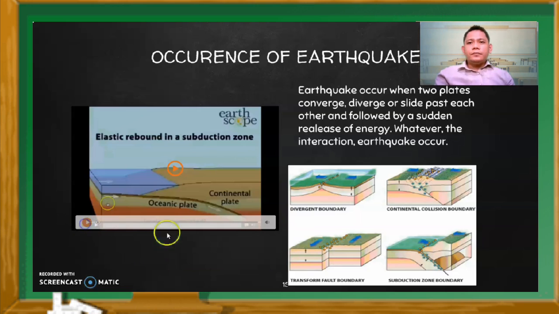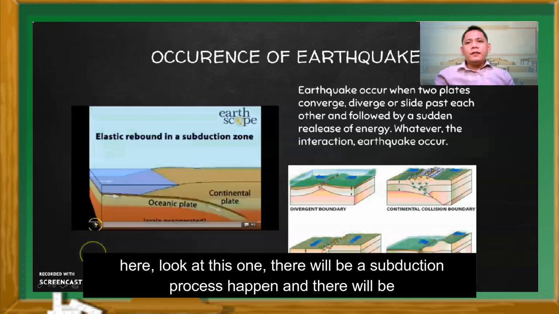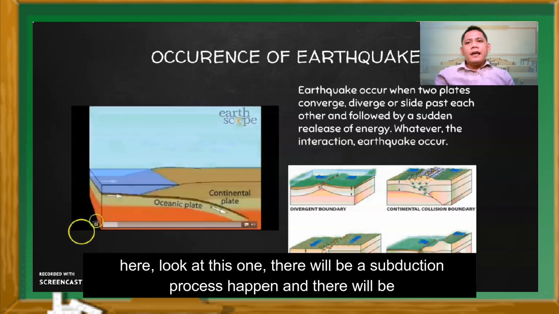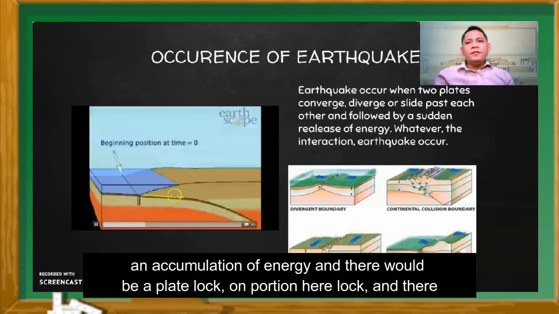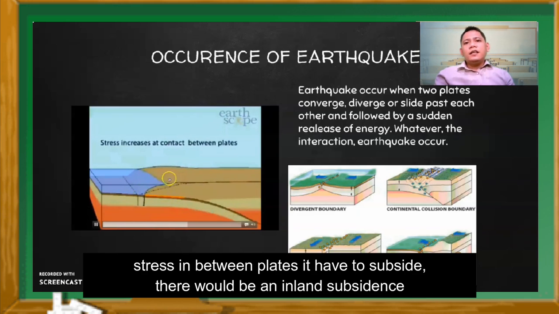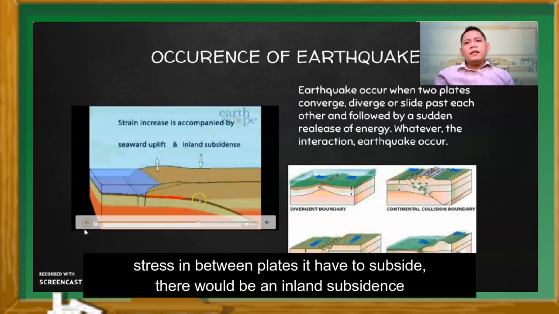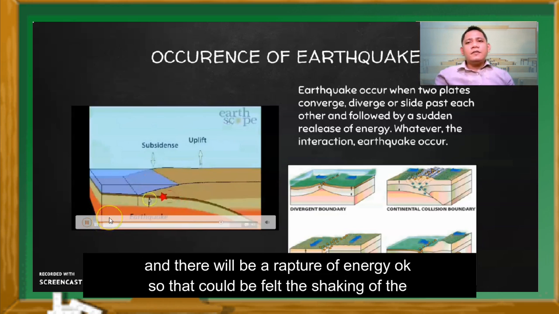Alright, so here, look at this point. There would be a subduction process happening, and there would be an accumulation of energy, and a portion of the plate would be locked, and there would be stress in between the plates. There would be inland subsidence, and there's motion. Alright, and then there would be a rupture of energy.